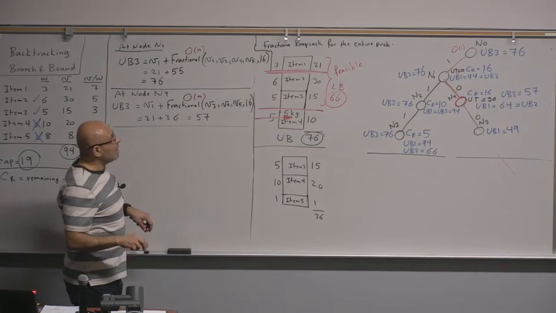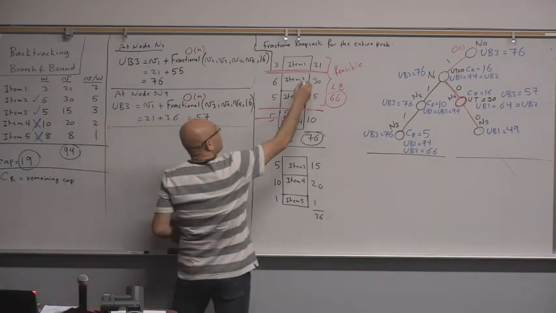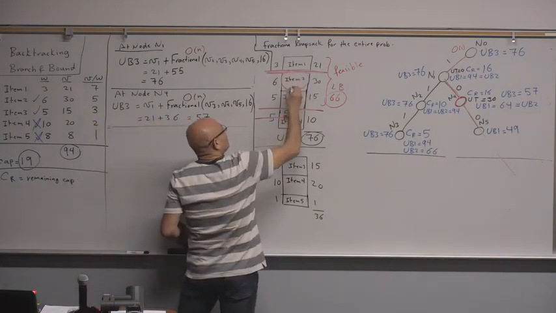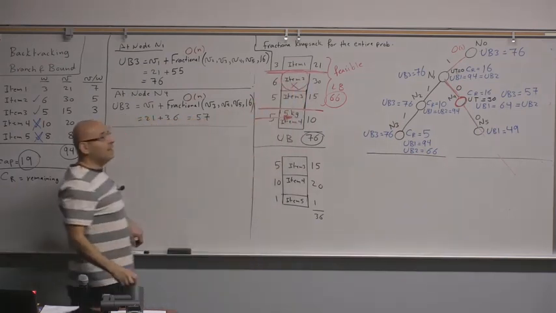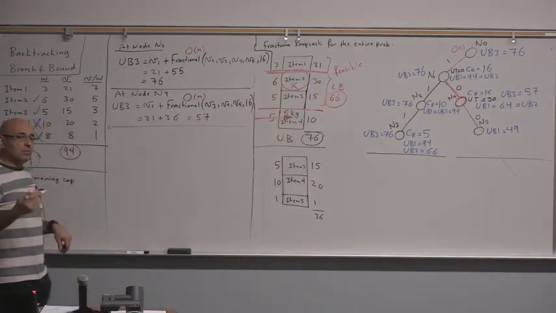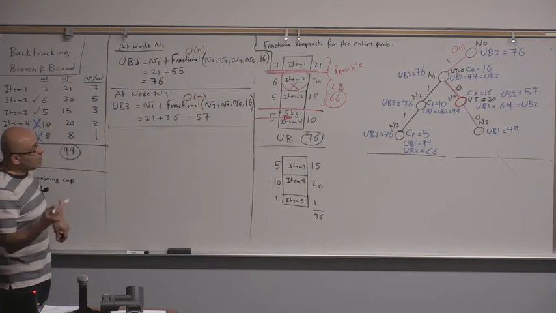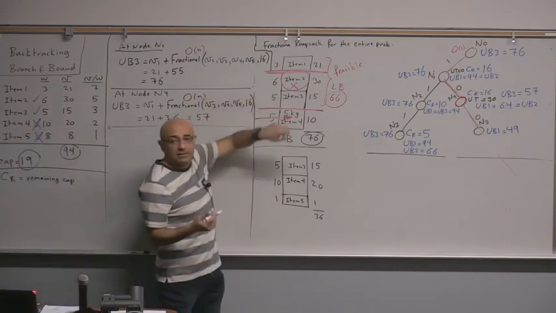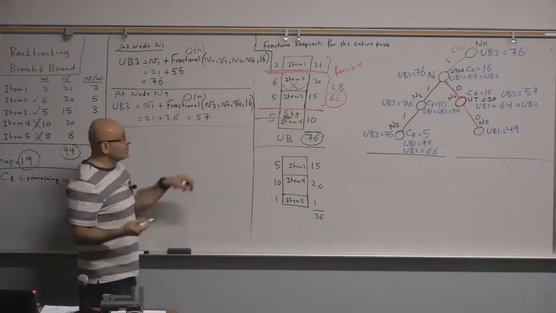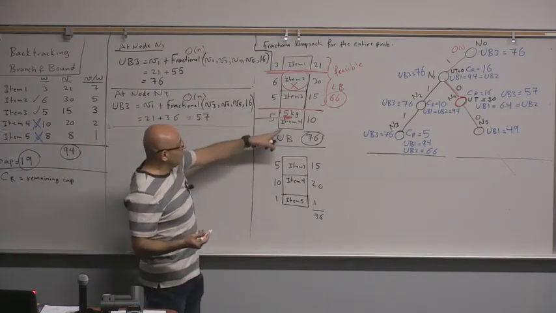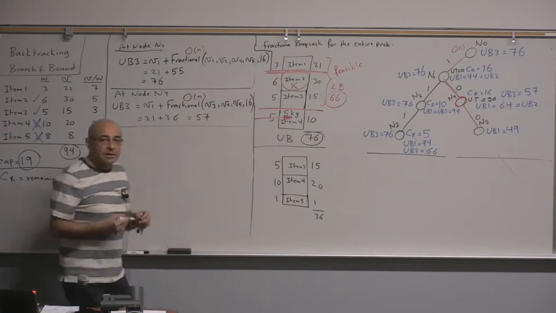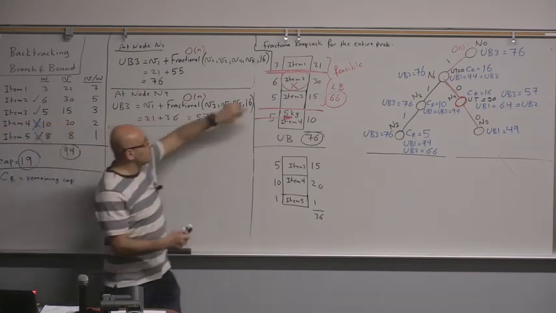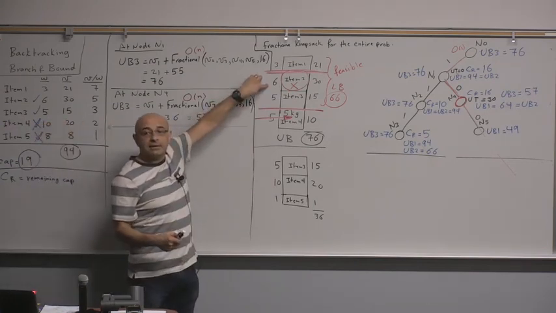Item 2. Item 2 will not be taken. So now item 2 will go away. Now how will the new fractional knapsack solution change after deciding not to take item 2? So I will still take item 3, and now I'm in the middle of item 4. The idea is that I have 6 more kilograms that I can take.